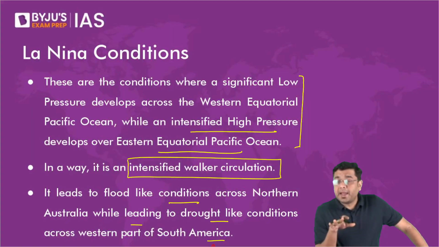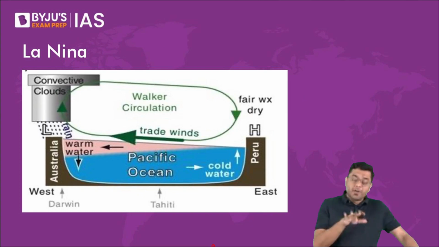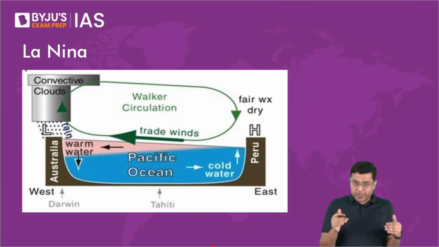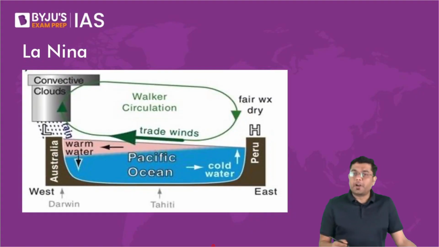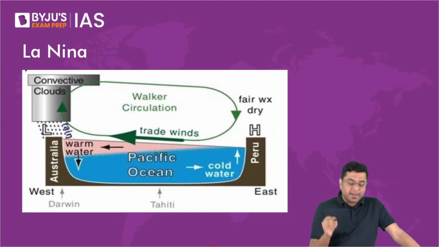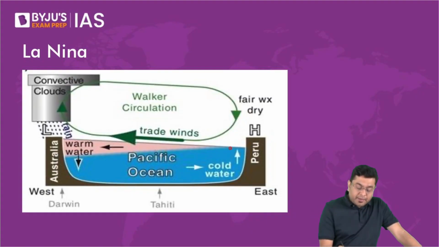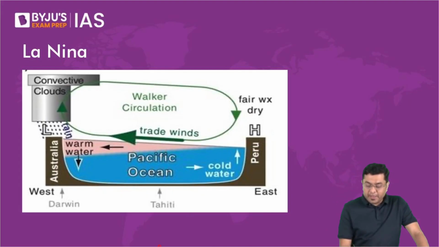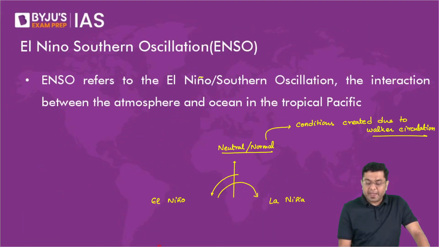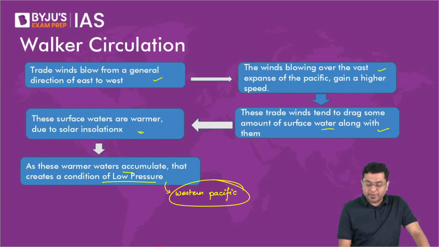is higher as compared to the normal conditions, isn't it? So observe what happens in a cross-sectional schematic way in the case of La Nina conditions. Let's suppose I have a comparison with the earlier situation.